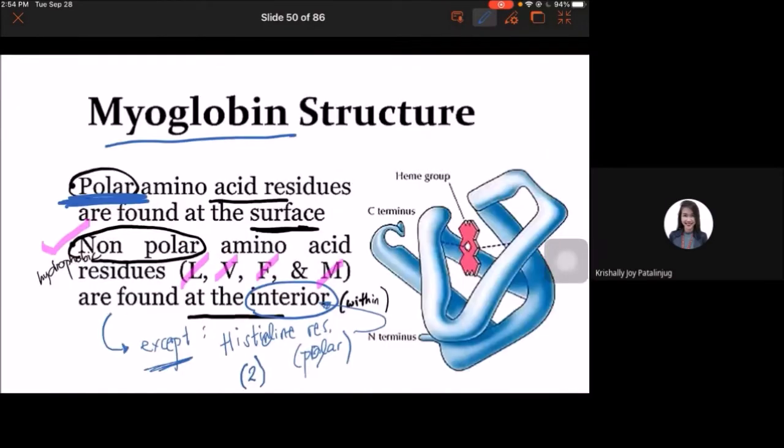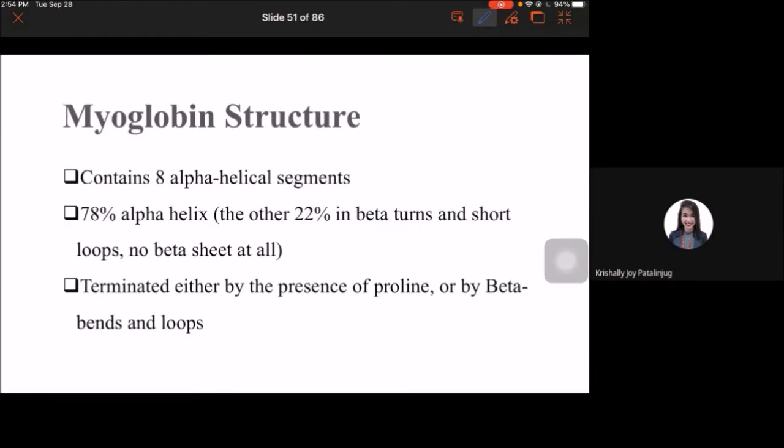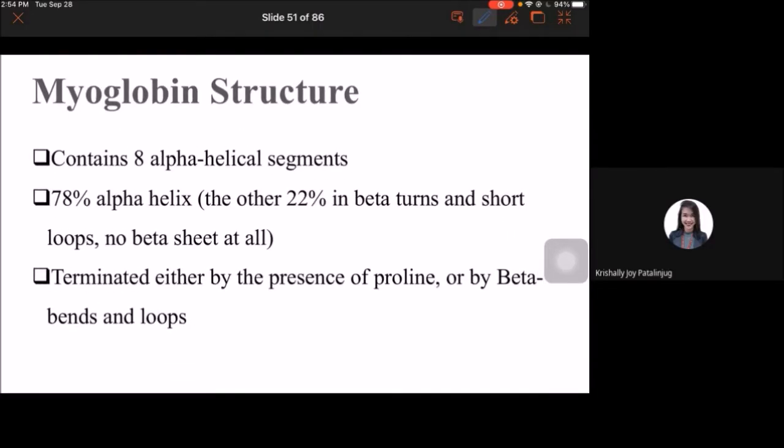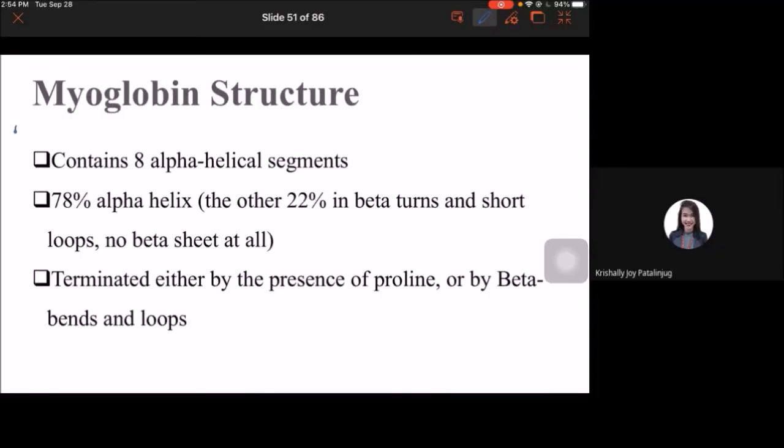Now, still under the structure of myoglobin, please take note with regards naman to their secondary structure. Yung 153 sequence of amino acids, kapag nag-fold yun, nag-level up sila ng structure ng protein. So pagdating sa secondary structure, they form alpha helix. Di ba dalawa yung klase ng secondary structure? We have the alpha helix and then the beta sheets.